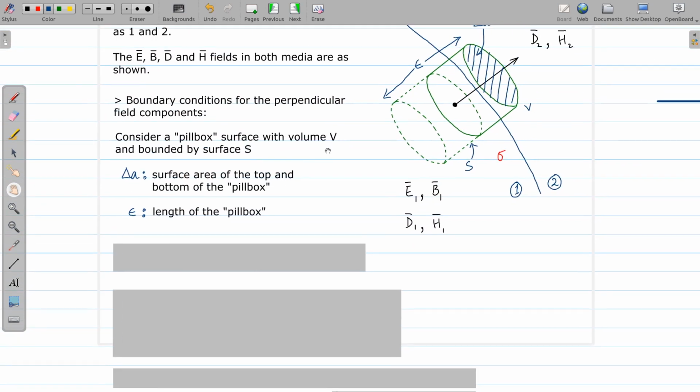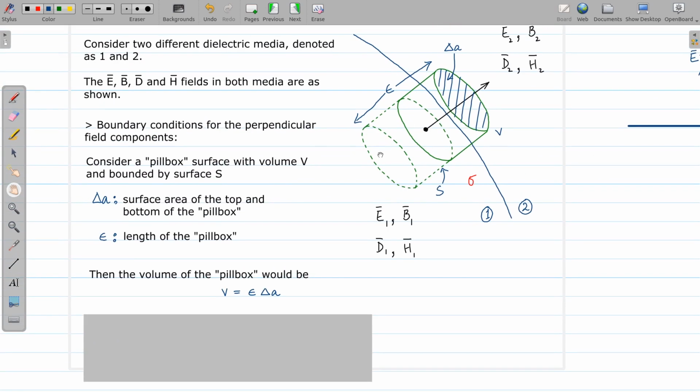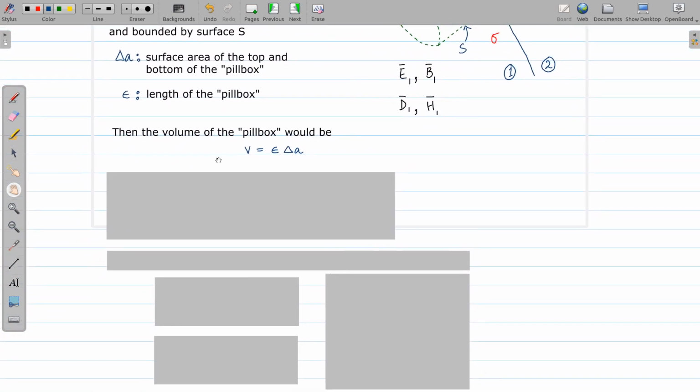So S is the total surface, and epsilon is the length of the pillbox. Then what is the total volume which is enclosed by the pillbox? The total volume will simply be the surface area times the length. That is going to give us the total volume enclosed by this pillbox.